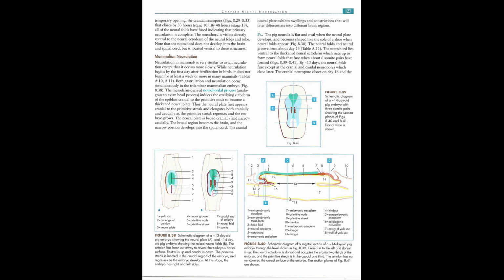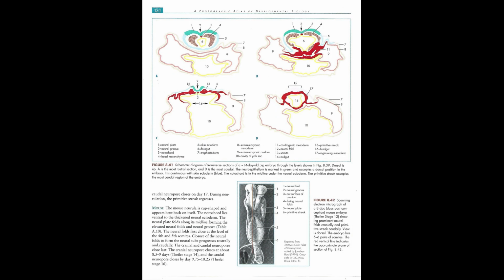By 15 days, the neural folds fuse except at the cranial and caudal neuropores, which close later. The cranial neuropore closes on day 16 and the caudal neuropore closes on day 17. During neurulation, the primitive streak regresses.